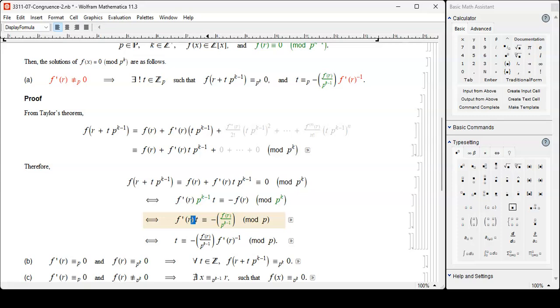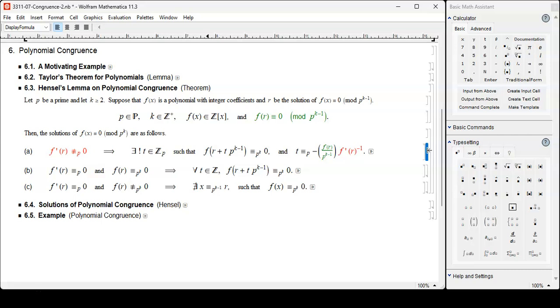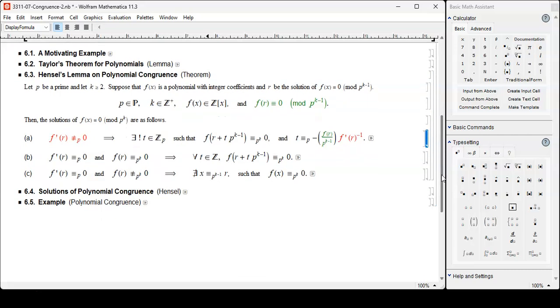And then divide this one. So we get t is precisely that, nothing else. Therefore, we have a unique solution, and we can find that unique solution through this p. So this is going to be useful when you actually solve an equation. Okay, that was a brief review of the proof of part A.